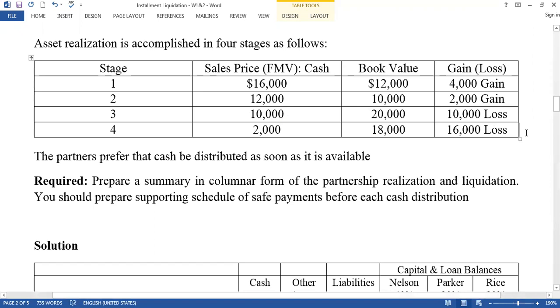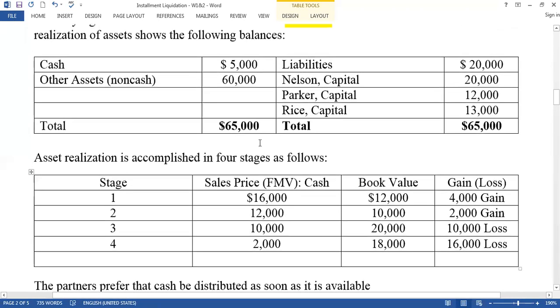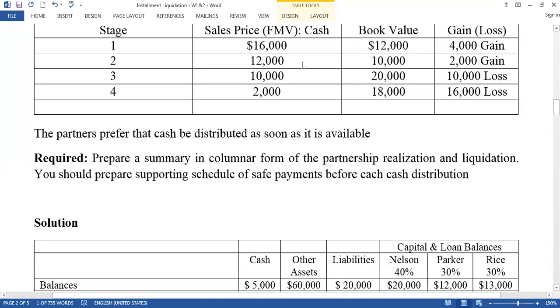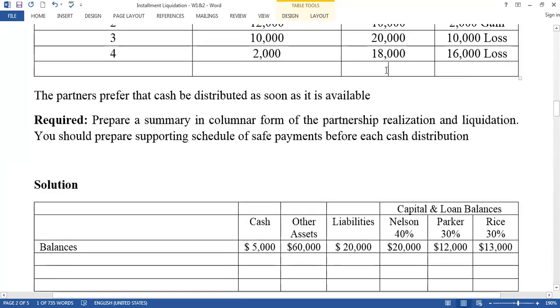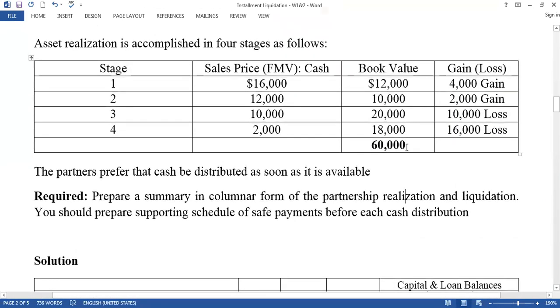If we add all together, you can see it is $60,000. So our total non-cash asset is $60,000, but we are not going to sell them all together. We are going to sell them by installment, and this is the cash receipt.